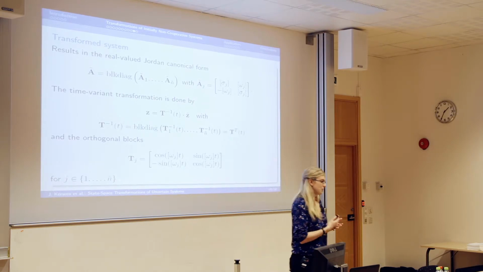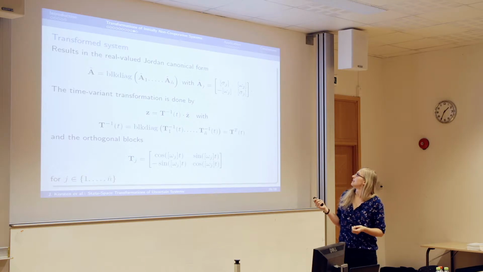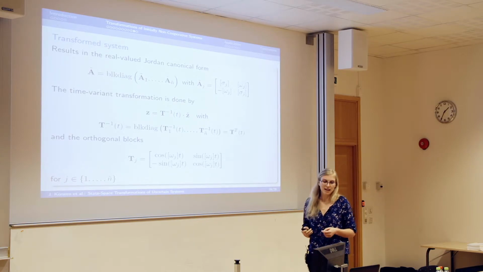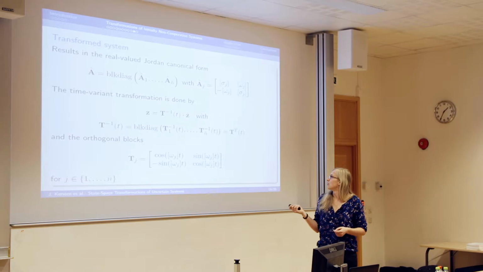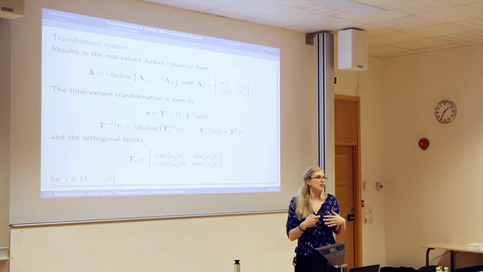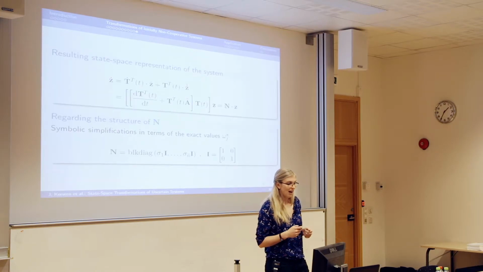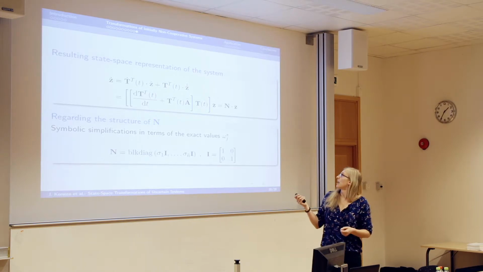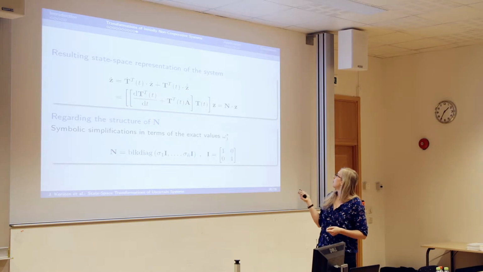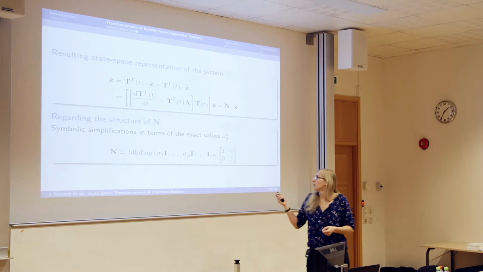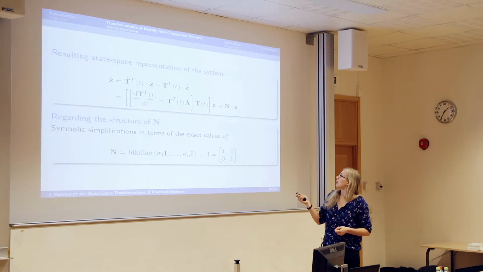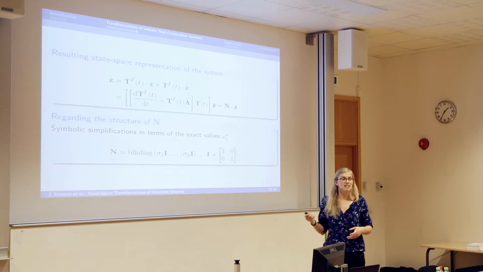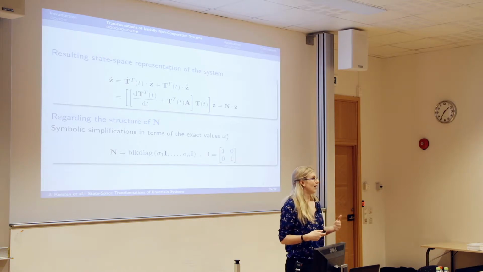And now let's come to the transformation itself. We know that we can transform the system into a Jordan canonical form by a transformation as such. So if we use the Jordan canonical form and derive our state space representation, we will get this part, and this part will be the new system matrix. And we know that our new system matrix, with those constraints from before, will result in a Metzler structure that just consists of the real parts of the eigenvalues on the diagonal.